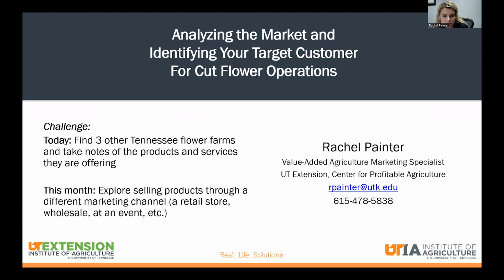Or that could be reaching out to a wholesaler or a florist client, or maybe someone that hosts events all the time and they might be looking for cut flowers for the table. So try to reach out to other marketing channels, try to explore what that can look like if you are ready for that step.